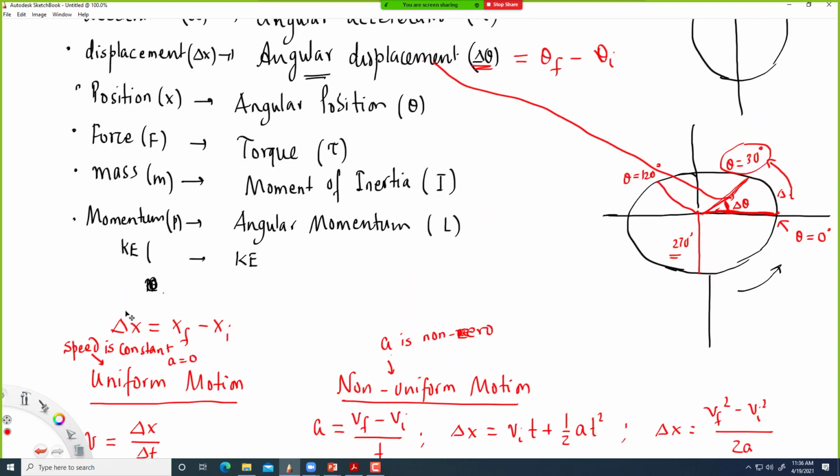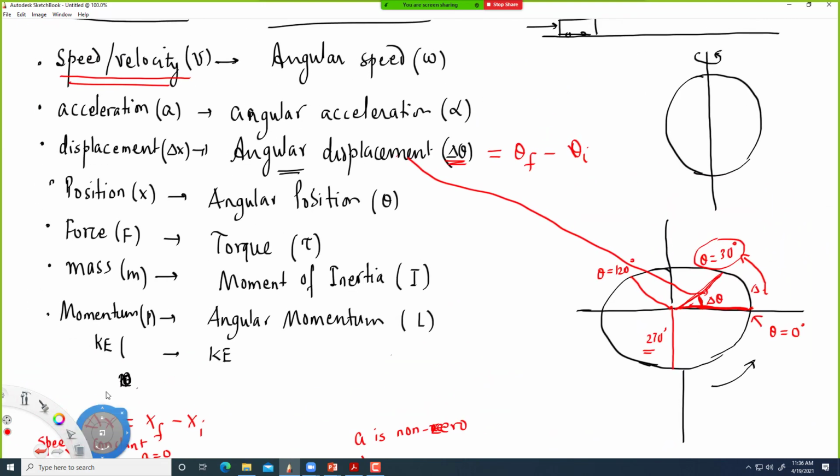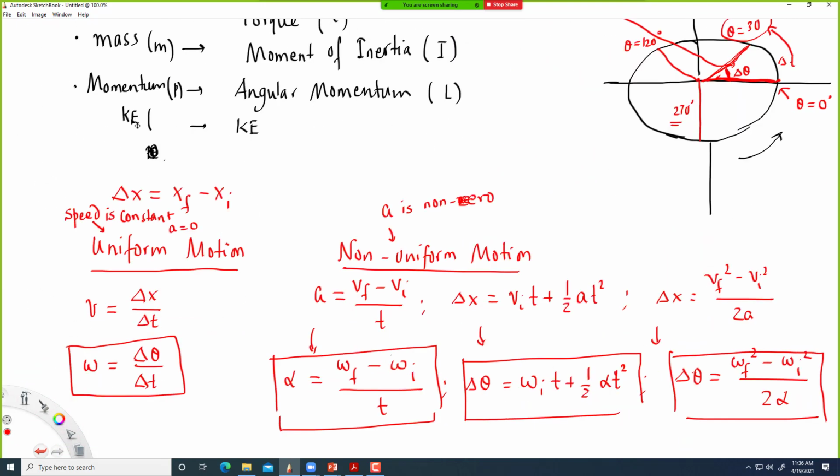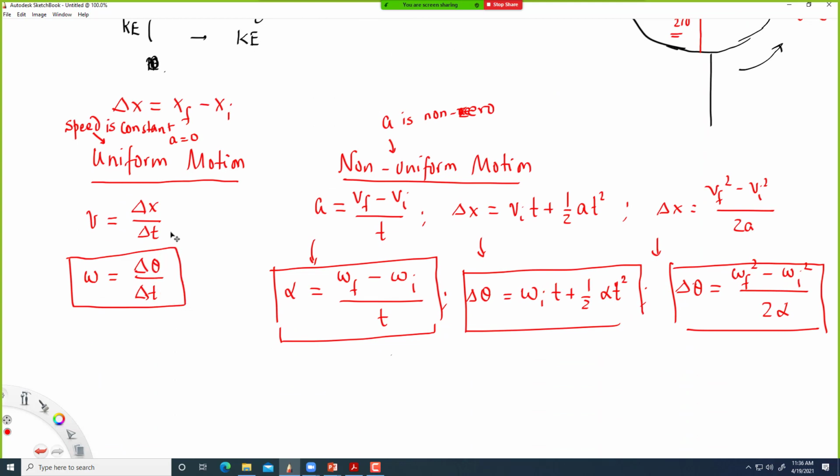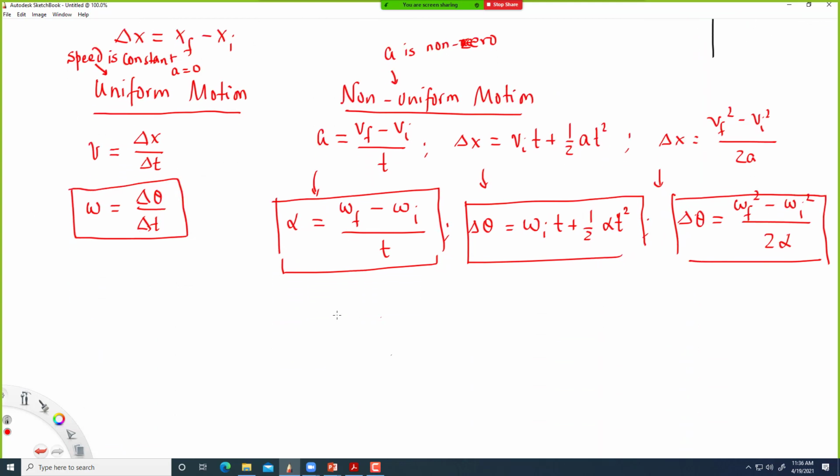Now, if I ask you guys, give me the rotational motion equation for this one. F is equal to ma. Okay, so this is for linear motion. What is the same equation for angular motion?